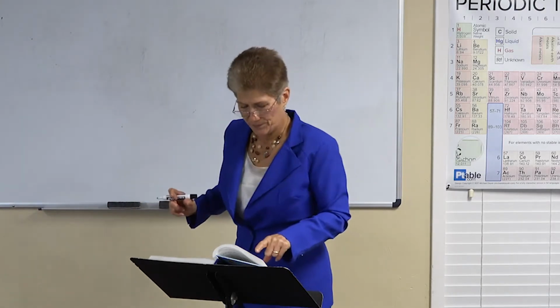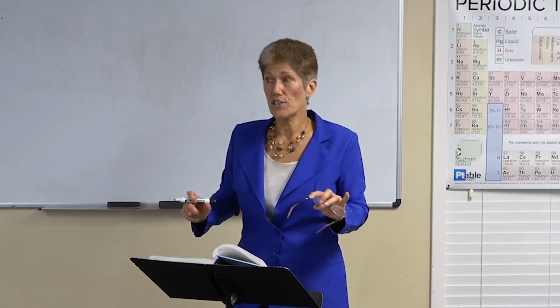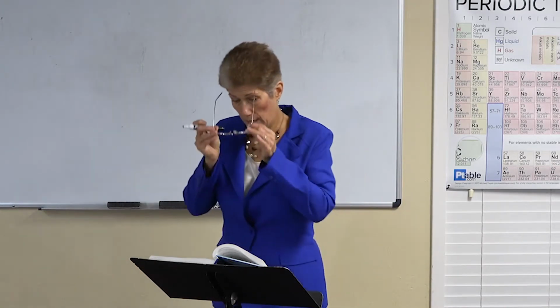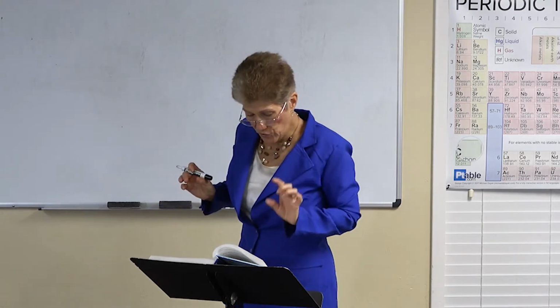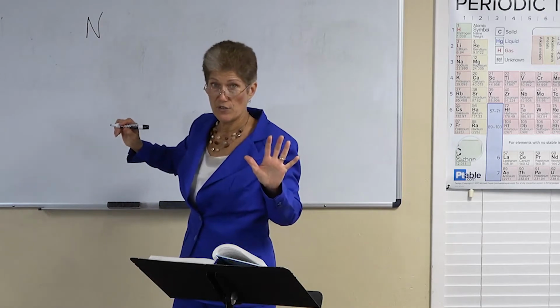Actually, all of the homonuclear diatomics are gases. That's a good point, Steele. I don't know if I said that. All the homonuclear diatomics are gases. Okay, let's do nitrogen. Nitrogen is in group 5, so it has 5 valence electrons, correct?